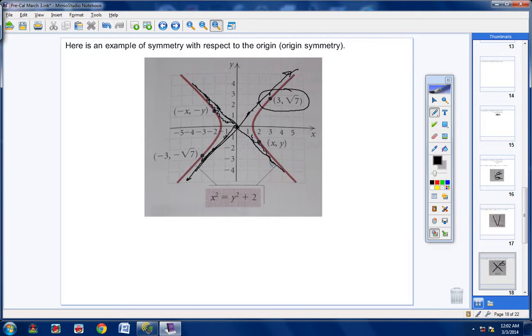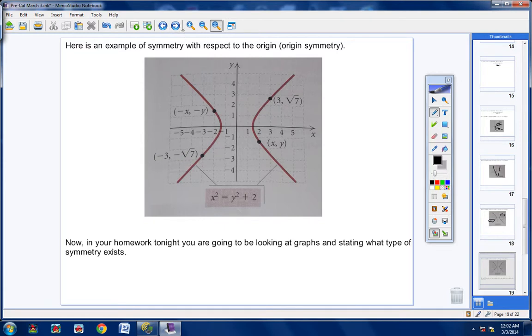So that's another way to recognize origin symmetry, by just looking at the graph. Another way, though, is if they give you ordered pairs, you can look and see if you have an ordered pair and the other ordered pair has both of the signs of these numbers different down here. That's another good way to know you have origin symmetry, okay?